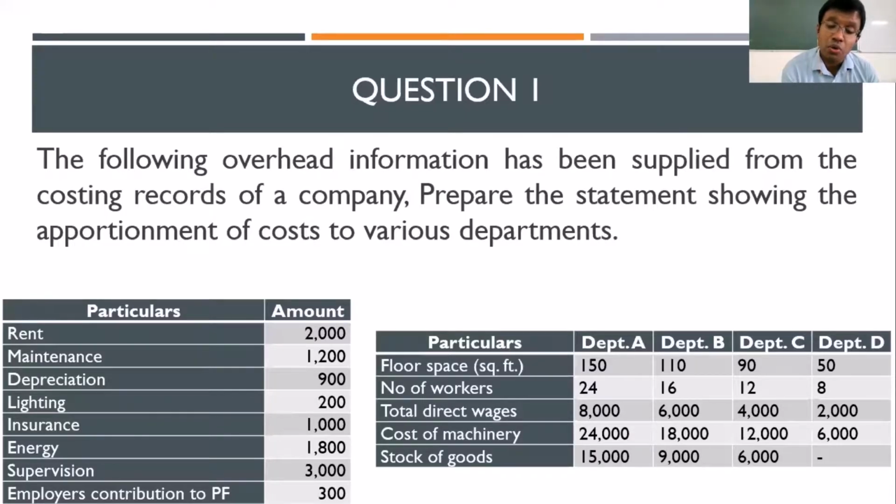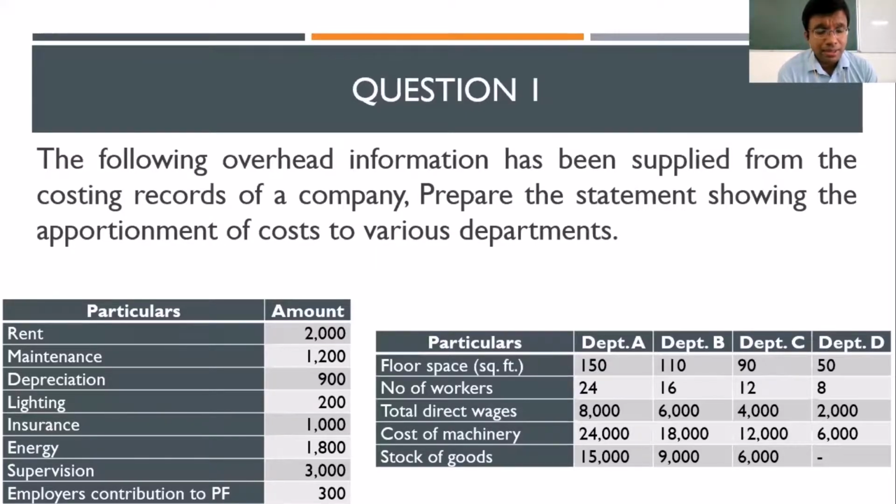In such cases, how do you go about distributing this maintenance of 1,200? One way of distributing it would be on the basis of the cost of machinery. Depending on the capital expenditure for your machinery, dividing the cost in that proportion would be more appropriate.